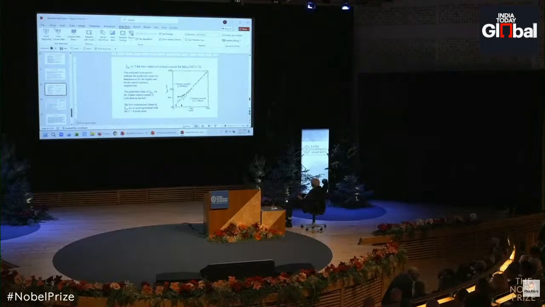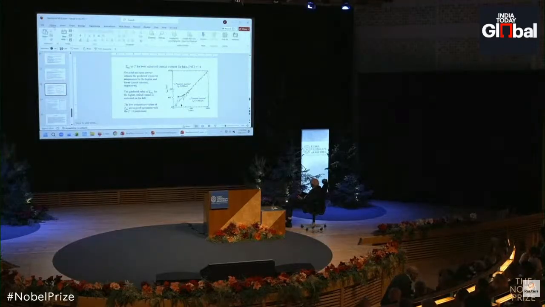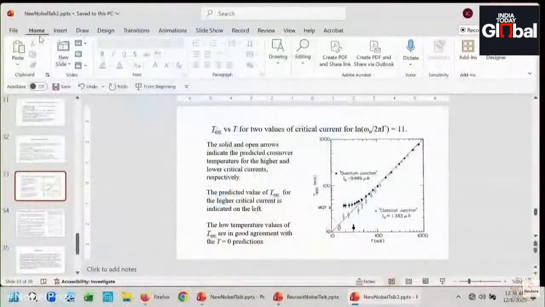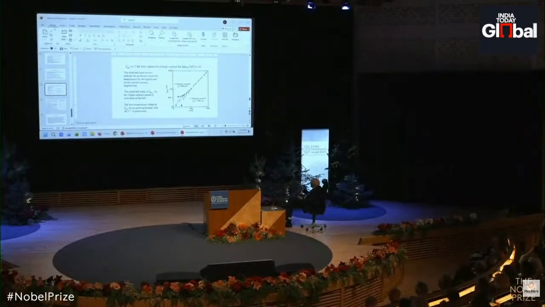The predicted value of the escape rate, which is plotted here versus temperature, is indicated here on the left with this little symbol. And what you see is it lines up really rather accurately with the bottom end of the quantum plot. The lower temperature values of T escape are in good agreement with the T equal to 0 predictions shown here. So this was a very important result.